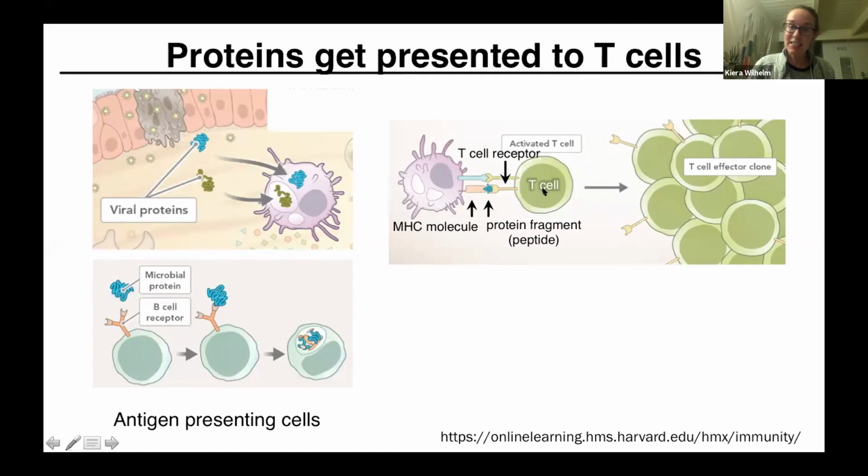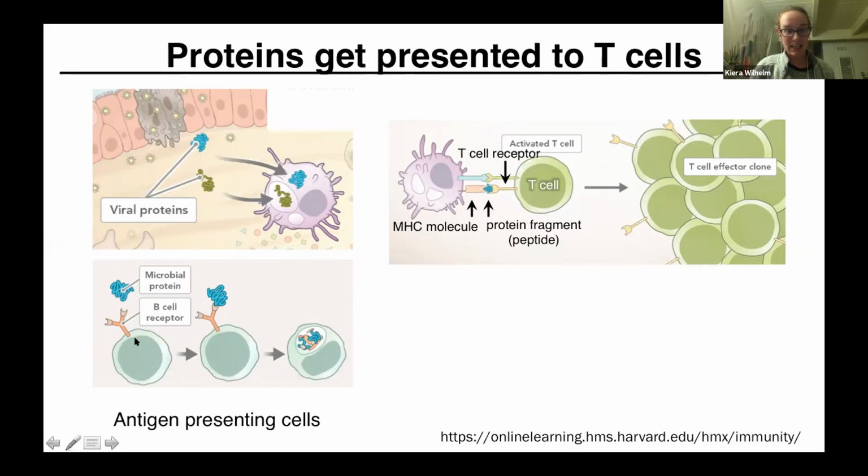And then the T cell will say, oh my goodness, we have this protein that's been floating around, this peptide fragment. That's bad. And so it gets signals to replicate, make more clones of itself, so that lots and lots of T cells can go out and try to fight this viral infection, or be made so that in the case of a future viral infection, they'll be ready to go.